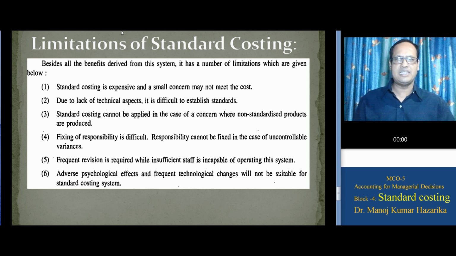Fixing of responsibility is difficult in standard costing. Responsibility cannot be fixed in the case of uncontrollable variances. Frequent revision is required, while inefficient staff is incapable of operating this system. Adverse psychological effects and frequent technical changes will not be suitable for the standard costing system. So these are the disadvantages of standard costing.